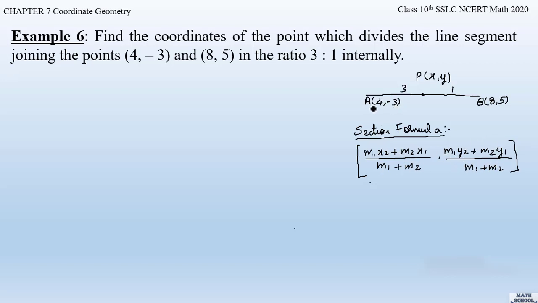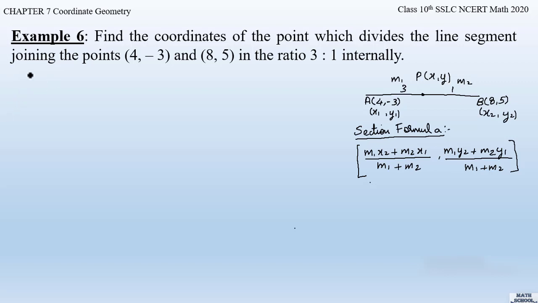If you assume point A to be (x1, y1) and point B to be (x2, y2), then we will apply this formula. And here m1 and m2 are the given ratio, that is 3:1, in which P divides the line AB. So using this formula we will find the coordinates of point P, that is the x and y values.